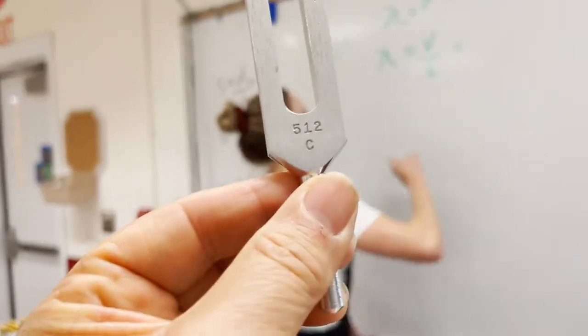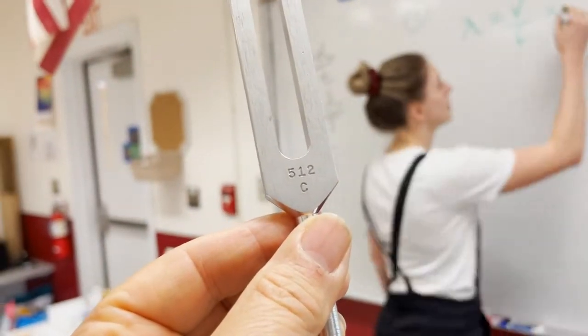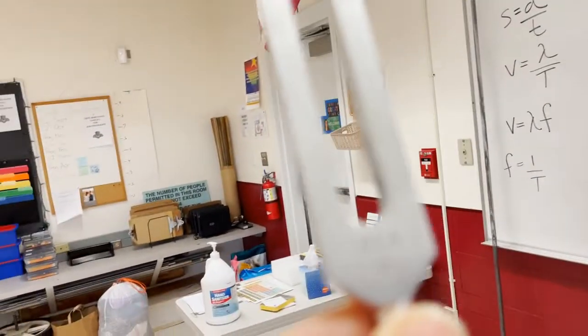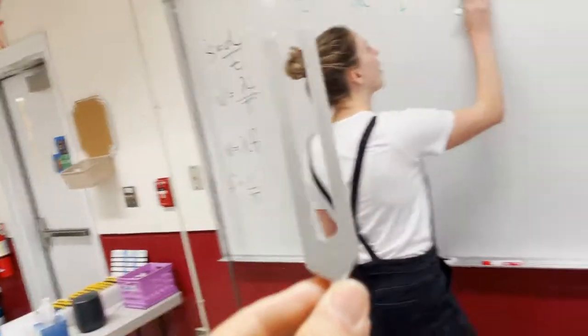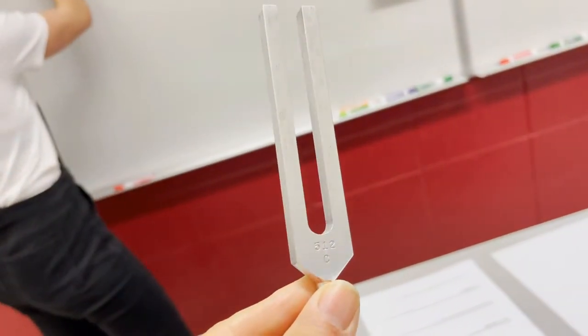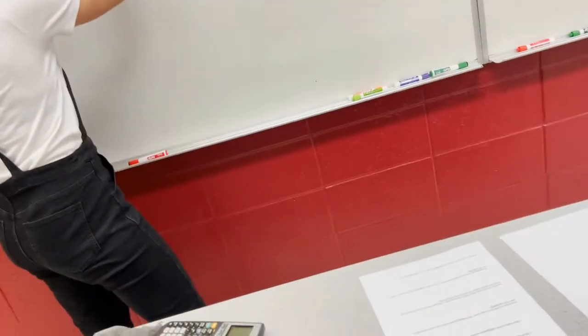Okay, so our velocity of sound is 343 meters per second. And this one is, we saw it a minute ago, 512 cycles per second.